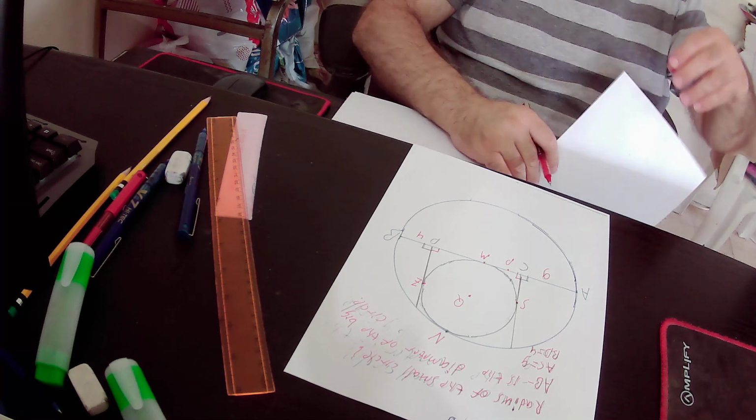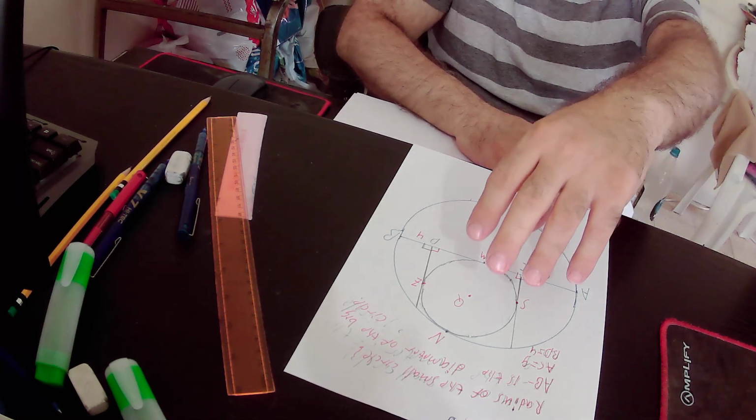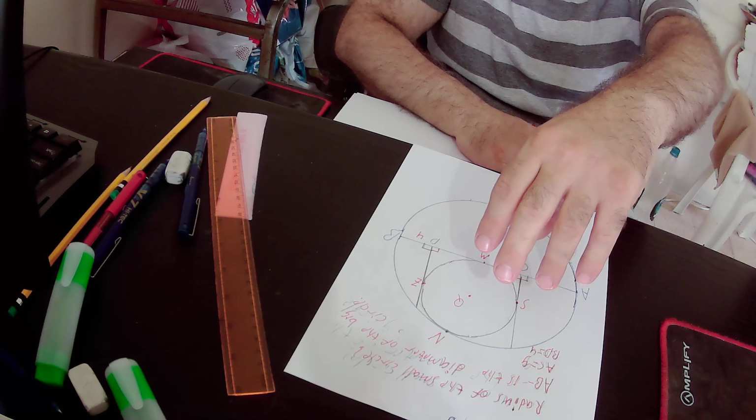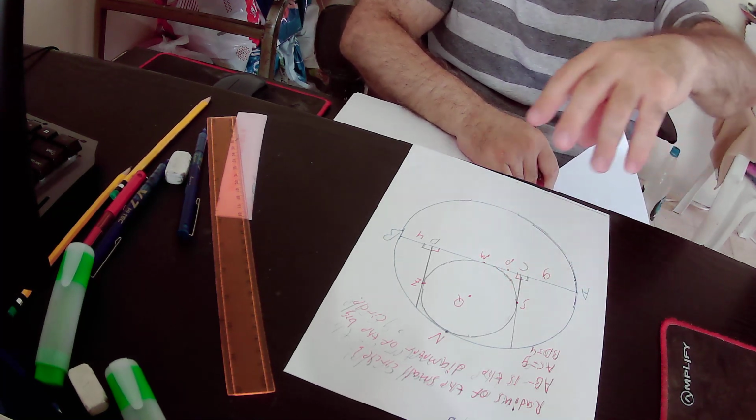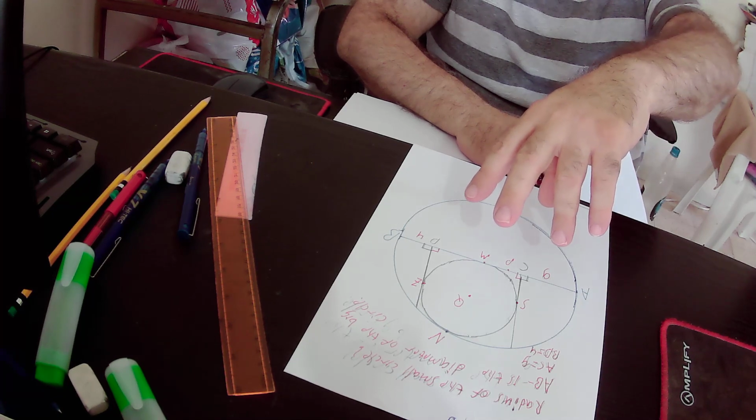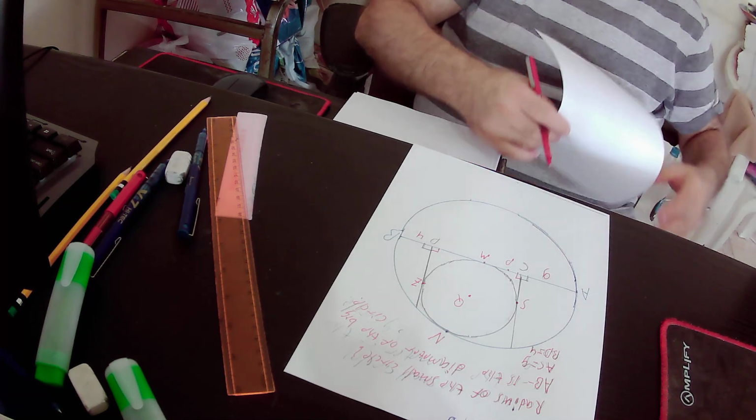In the next step, we will define the radius of the small circle as small r, and the radius of the big circle as capital R. Okay?